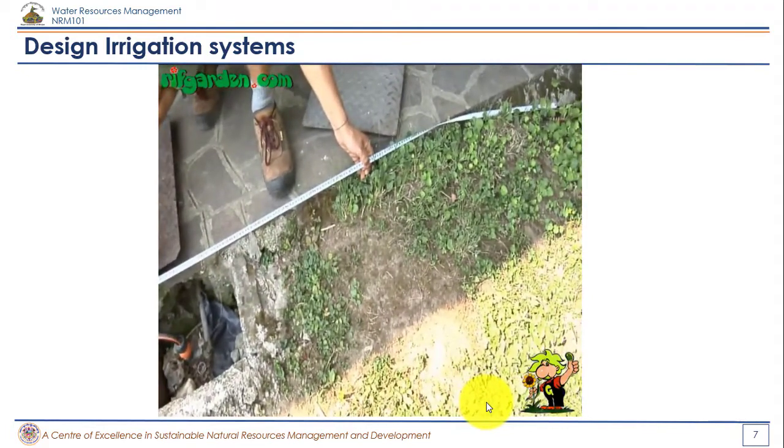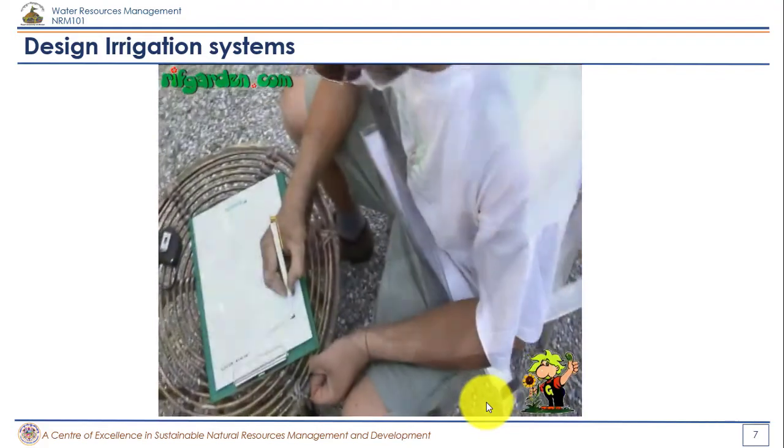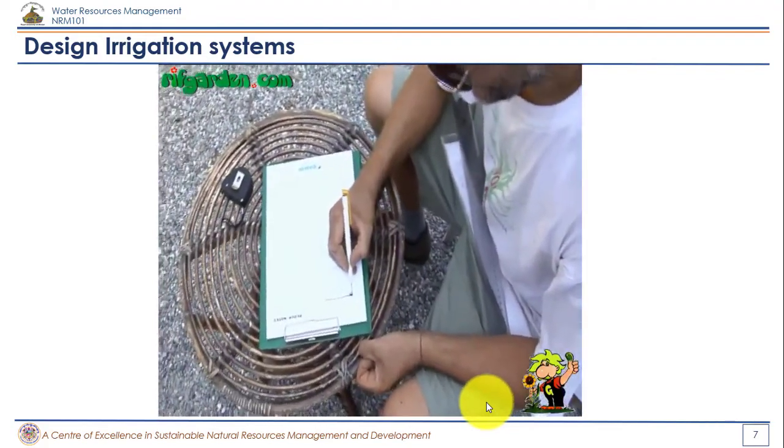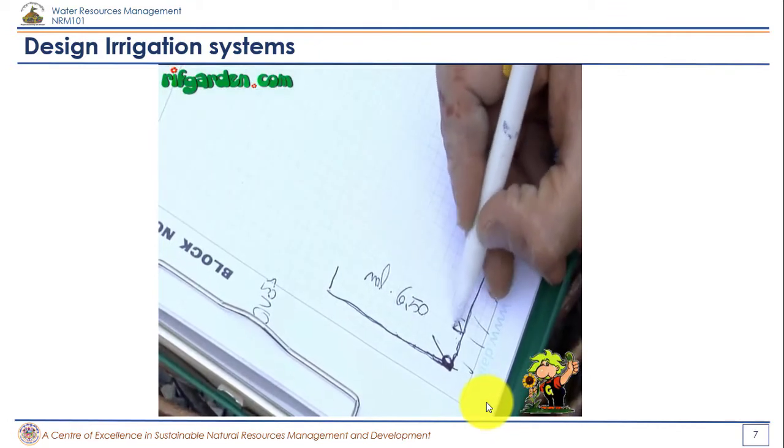After you have drawn the path of the pipeline, you should consider the placement of sprinklers, checking how much area the sprinklers you have chosen can water, and making sure to cover all the ground, leaving no spaces.